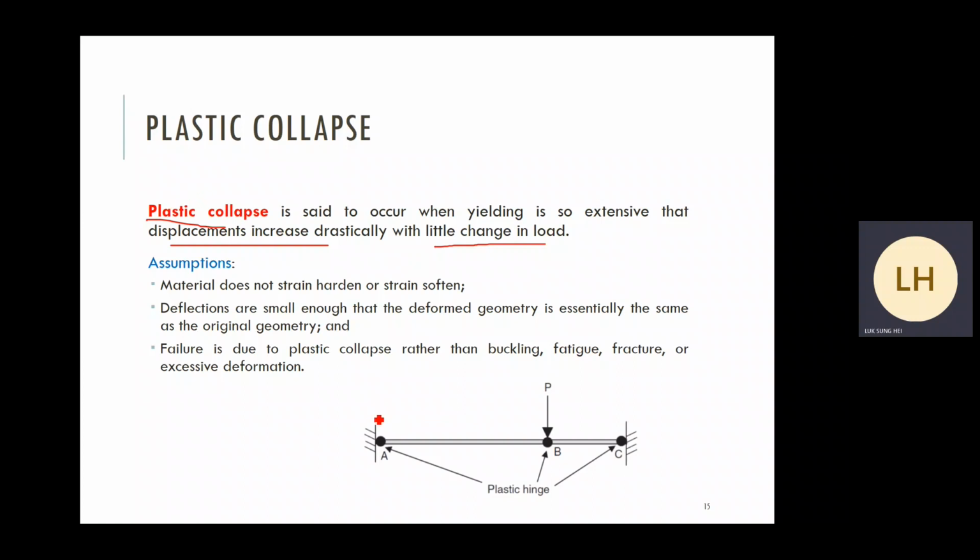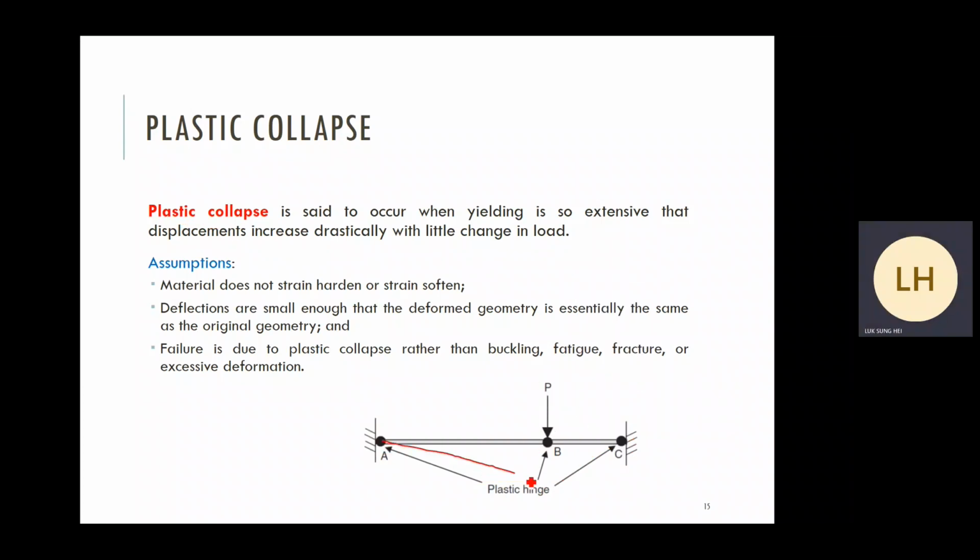Just like this picture. Assume that we have one fixed end beam. And after the formation of three plastic hinges, one at point A, one at point C, one at point B, you can see that when the loading P increases slightly, the member will deform without too much restriction.